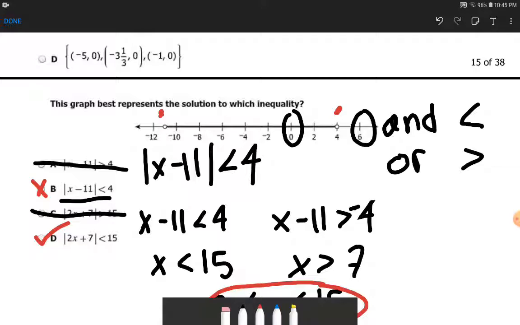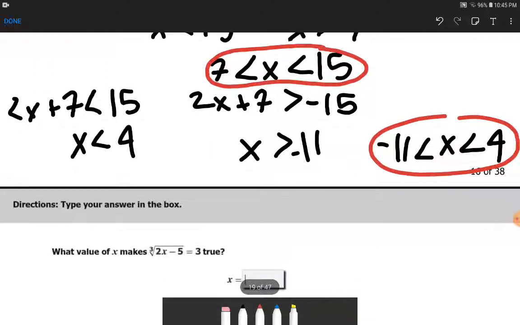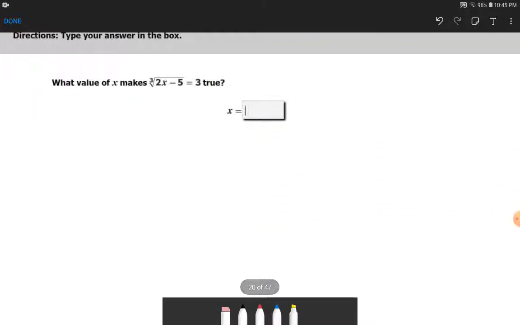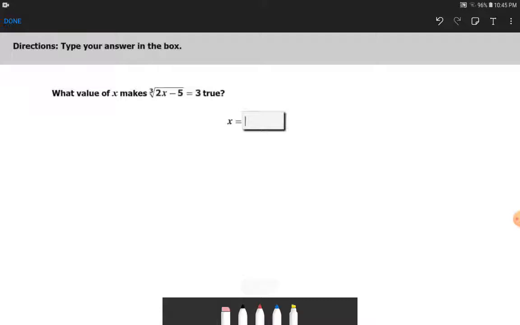Alright, let's move on to question 17. Directions. Type your answer in the box. What value of x makes the cube root of 2x minus 5 equals 3 true?